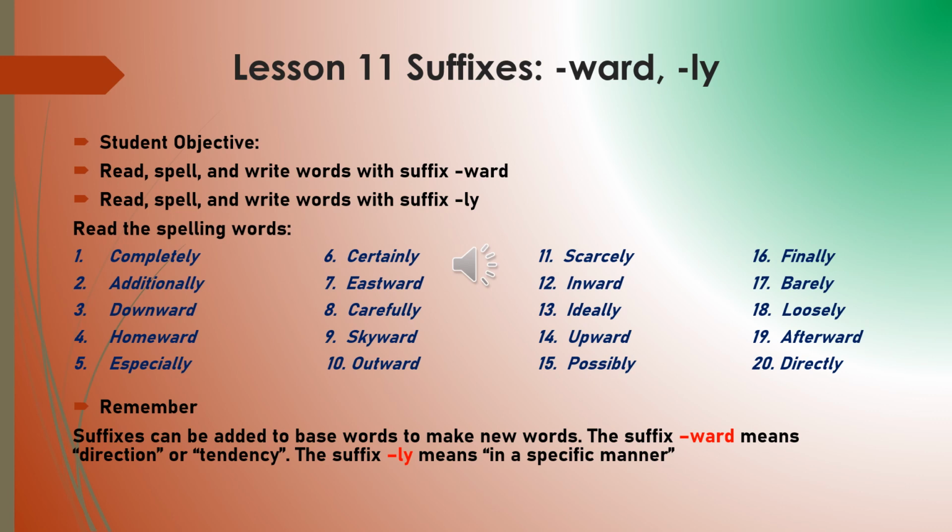Additionally, number 2. Look, number 3, the suffix for the word number 3 is ward. Number 4, homeward. Homeward. Okay? Here you have W-A-R-D, which is the suffix that is added to the end of the word.